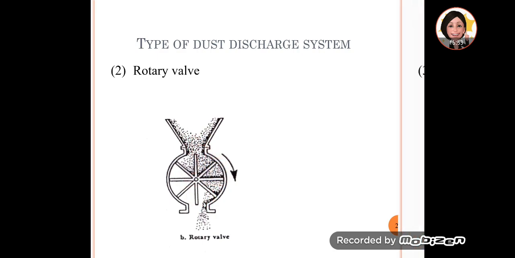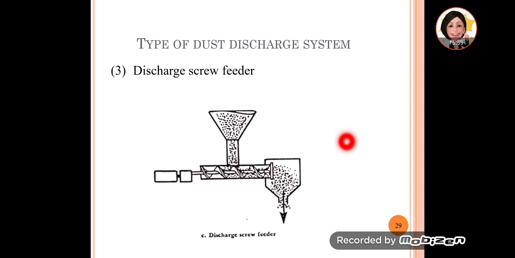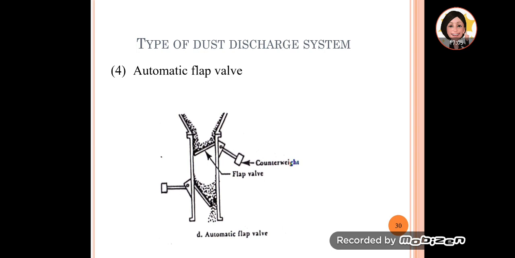It can be a discharge screw feeder, which screws through to free the particles from the cyclone. It can also be an automatic flap: once it becomes heavy, it will drop and open, so the particles that build up will drop to the bottom. So this is a flap motion.